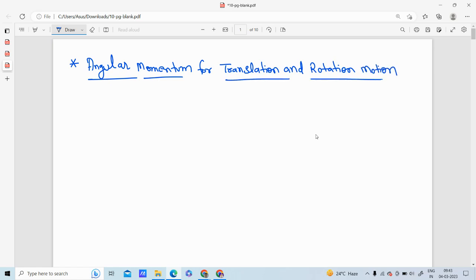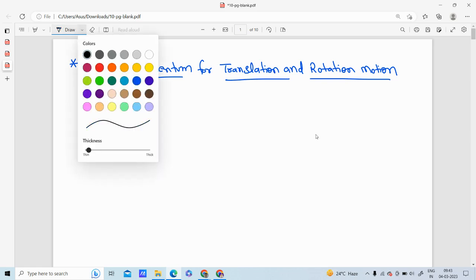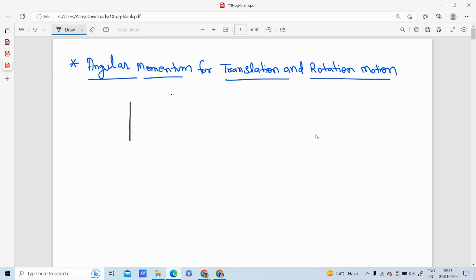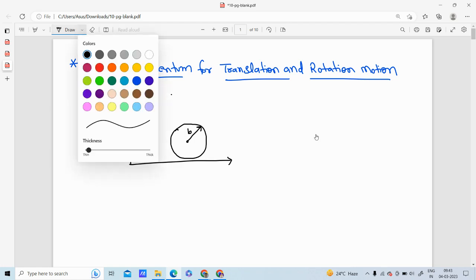Okay, so how can we write? Very simple things. Just look here. Suppose this is our frame of reference to understand the system. Suppose this is our wheel, like a disc, and the radius of the wheel is b, and it is also rotating.